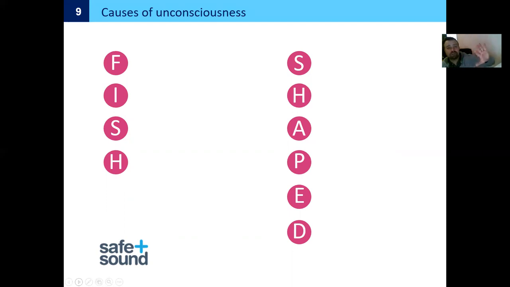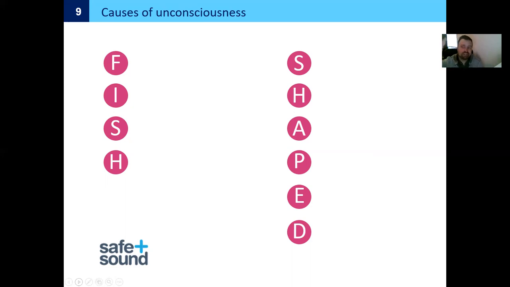So we did alert, voice, pain, unresponsive. They're unresponsive, so they're unconscious. Alert, voice, pain gives you the score of unresponsive. So at this point, we're going to do what's called FISH-SHAPED, and this gives you the reasons why we can go unconscious.